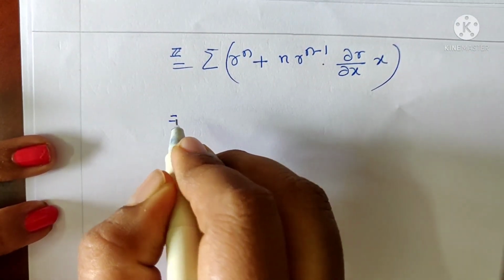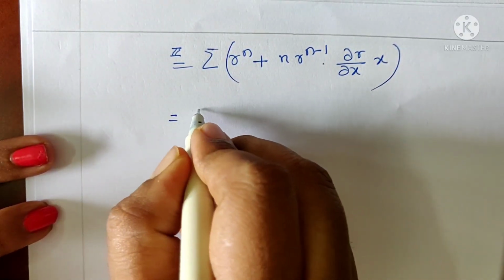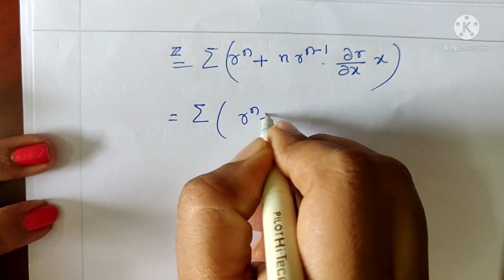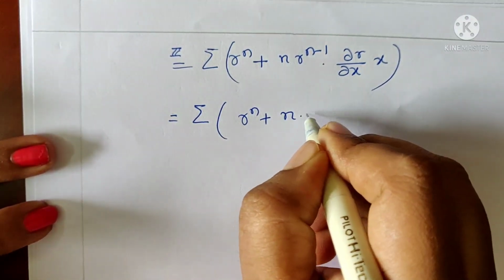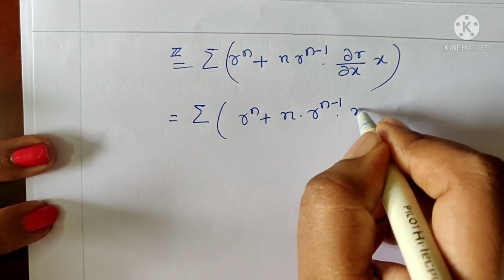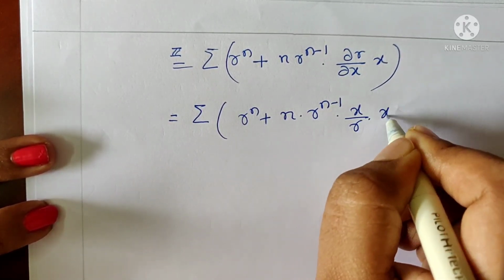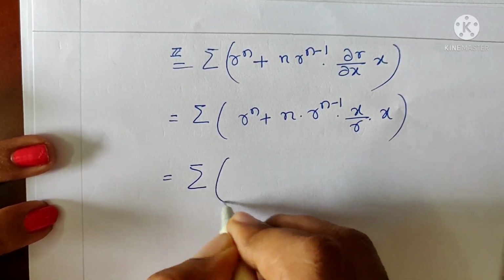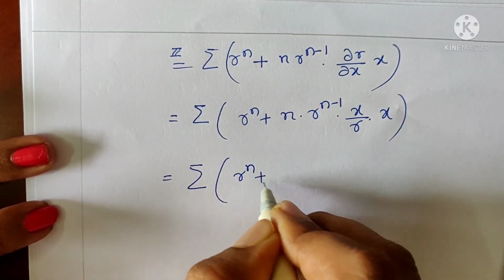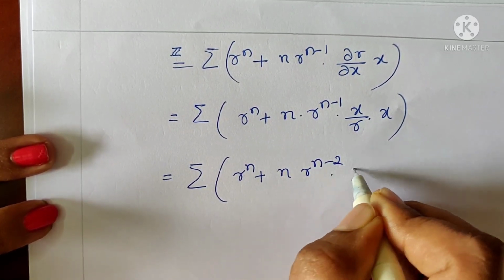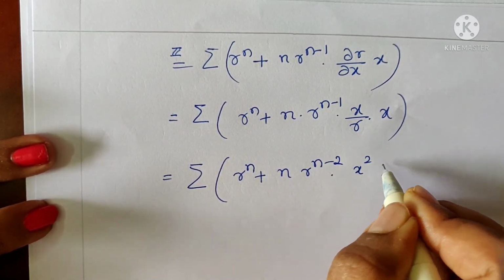So this is equal to summation of r^n plus, here again n r^(n-1), in place of ∂r/∂x we can write x by r into x. So it is summation of r^n plus n r^(n-2) x square.